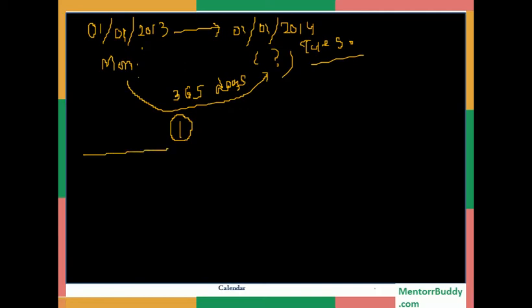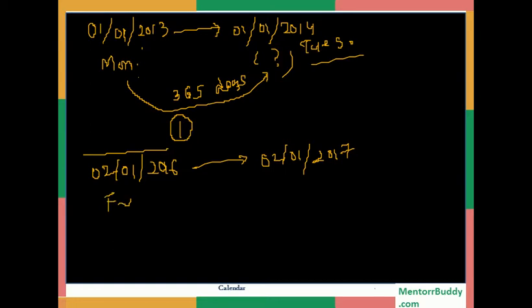But now let's say I'm taking another date, 2nd of January 2016, and the question is what will be the day on 2nd of January 2017, if it is Friday on 2nd of January 2016.